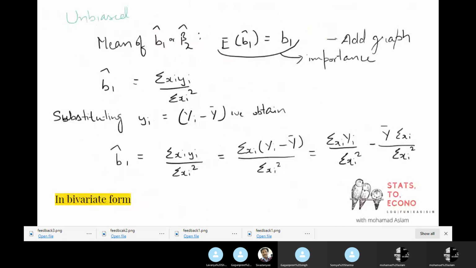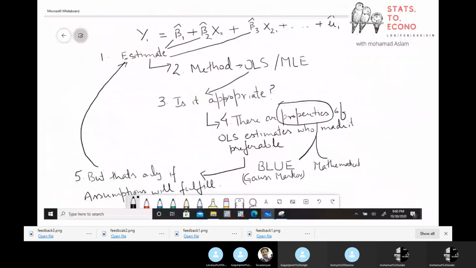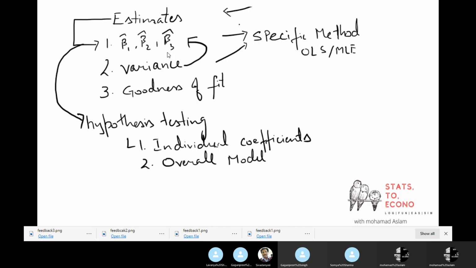Just to remind you what we are doing: first we estimated beta 1, beta 2 and all the estimates from the OLS method. Then to prove BLUE we made assumptions, because the BLUE properties are only proved when the assumptions are fulfilled. For BLUE we also need the variance of these estimates, to prove that these estimates have minimum variance.